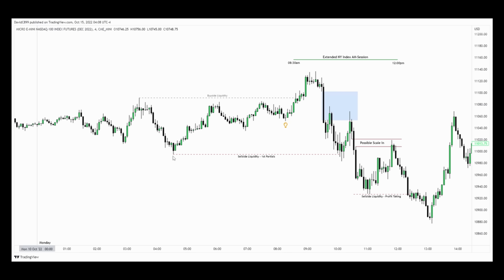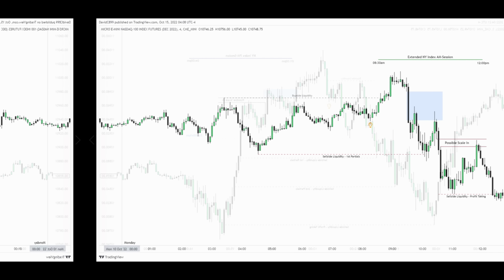The first profits are taken below this short-term low, and after price is breaking market structure again, we can look for a possible scale in inside this sell side imbalance or fair value gap, and taking profit below this short-term low in the external range liquidity.